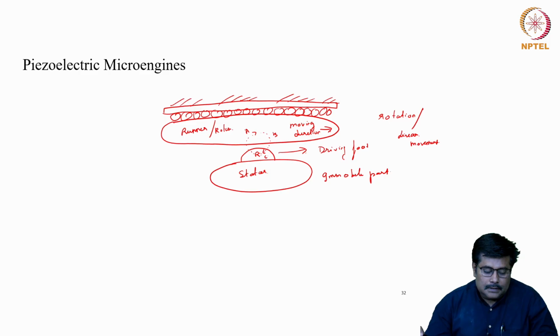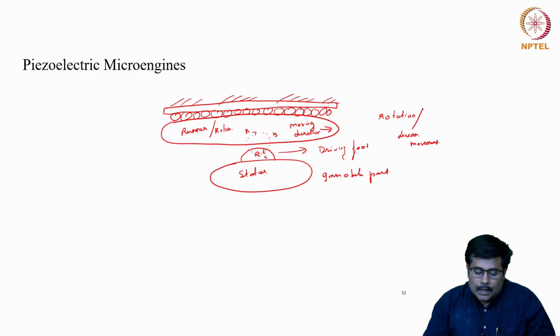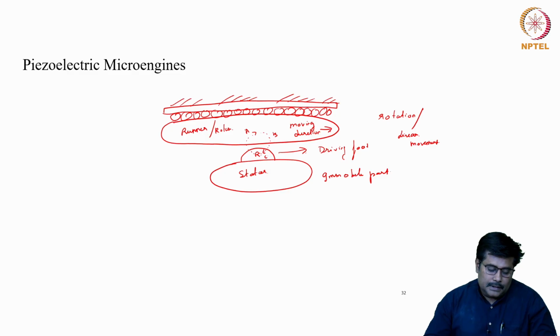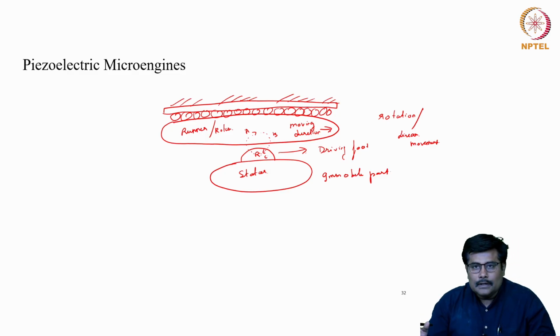This ultrasonic system is a concept which converts the spiraling drive foot motion to the movement of the rotor through the friction interaction that occurs between the rotor and its stator.